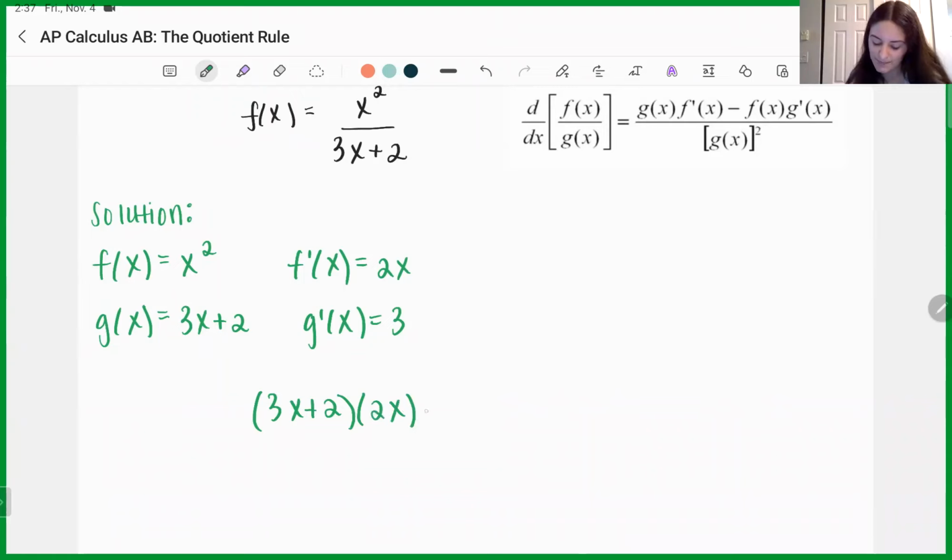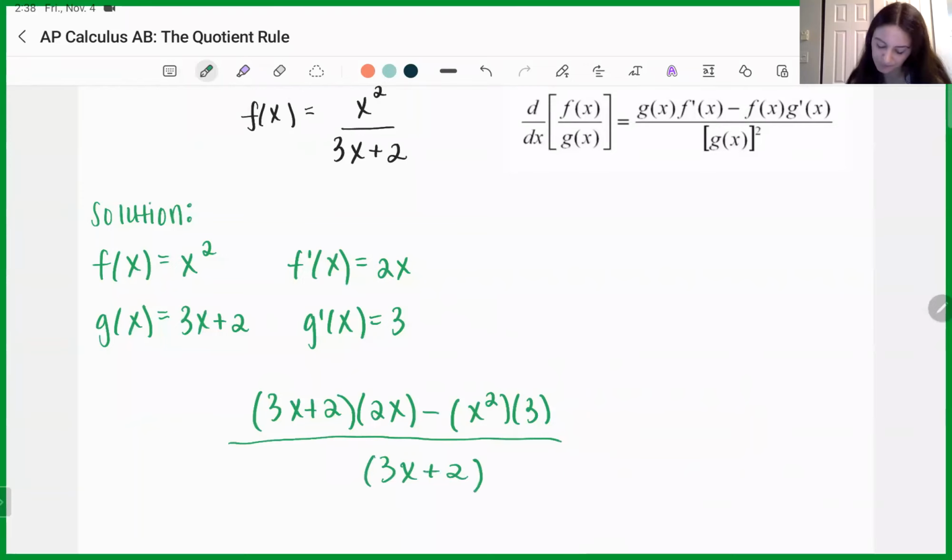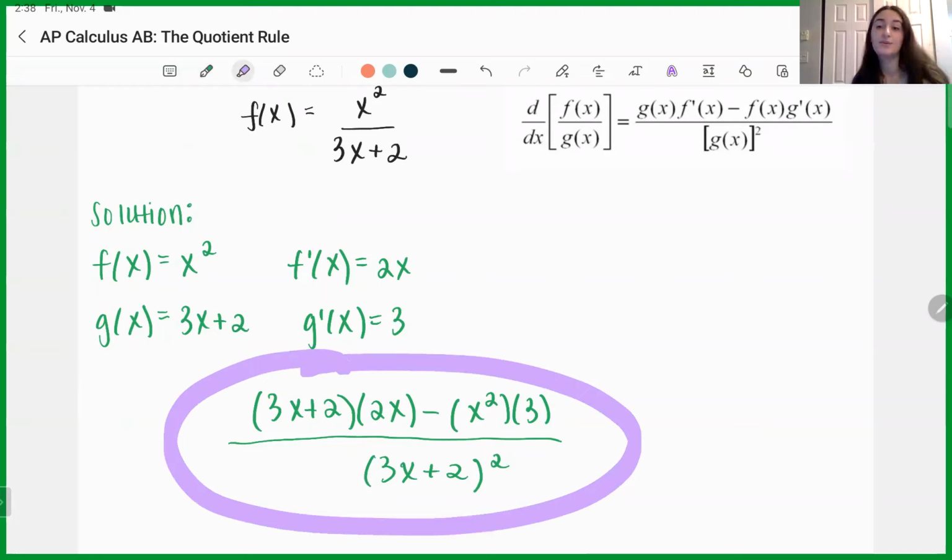Then we put a minus sign. Then we write f of x, which is x squared. And then multiply that by g prime, which is just 3. And then all of that gets divided by g of x, which is 3x plus 2, and squared. So this right here is our answer for the derivative.